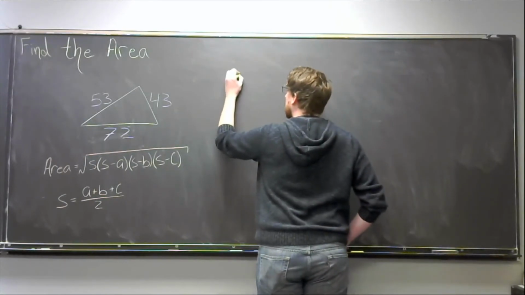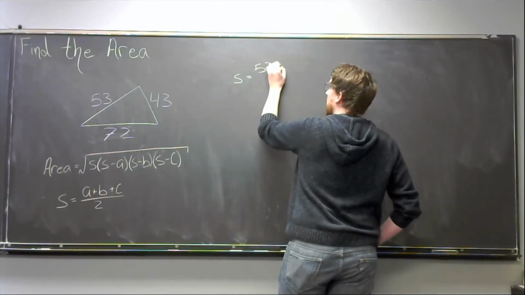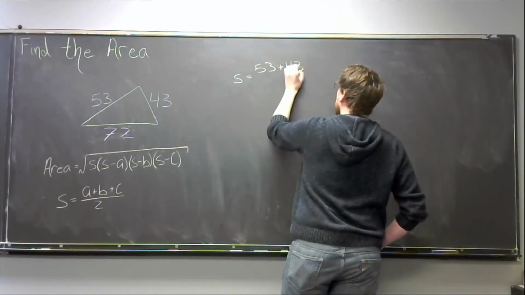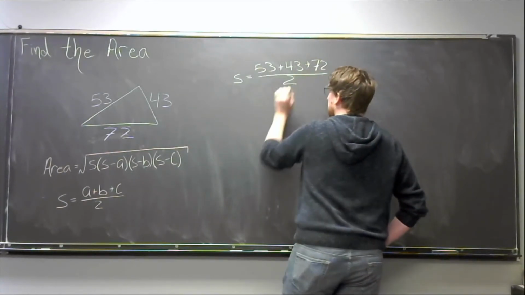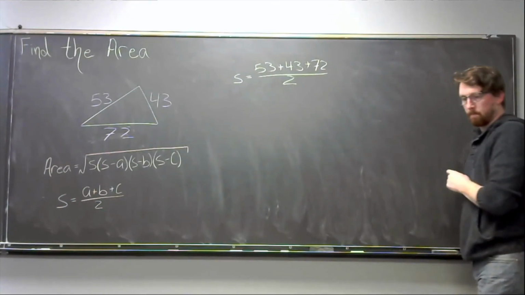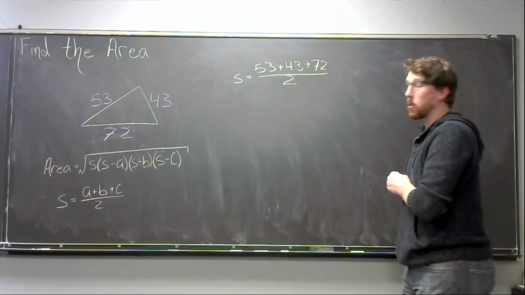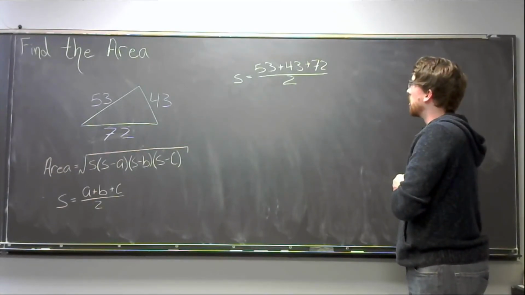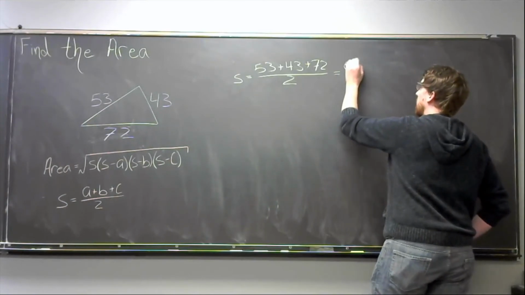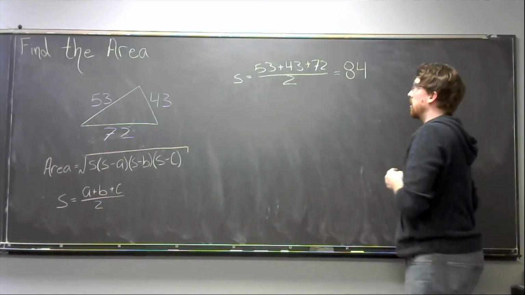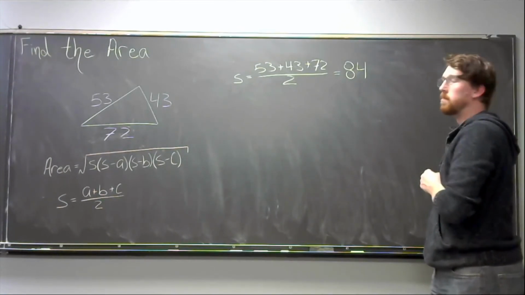S is going to be 53 plus 43 plus 72 divided by 2. What that means is all of this is going to come out to be 84.